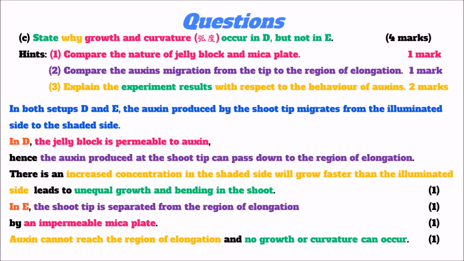And then for the auxin movement, can the auxin pass down to the region of elongation? In setup D, they can, and in setup E, the auxin cannot pass down to the region of elongation. And then you also need to compare them and finally explain the experiment result. We can construct our answer in a very logical way.